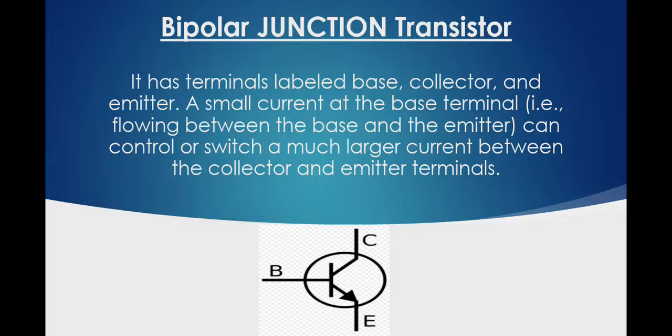Let's read this. It has terminals labeled base, collector and emitter. Means this B is called a base, E is an emitter, whereas C is a collector. And a small current at the base terminal can control or switch a much larger current between the collector and emitter terminals. Means the current in B is very small, but the current in E and C is controlled by the small current present in the base.